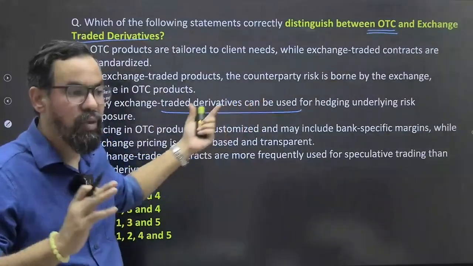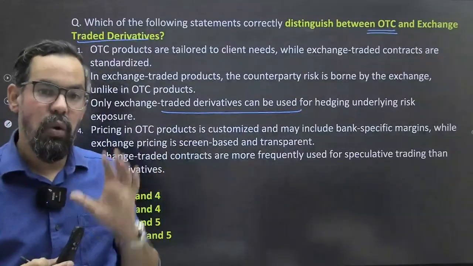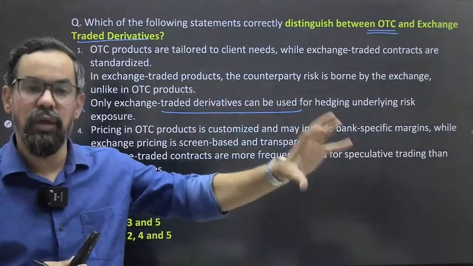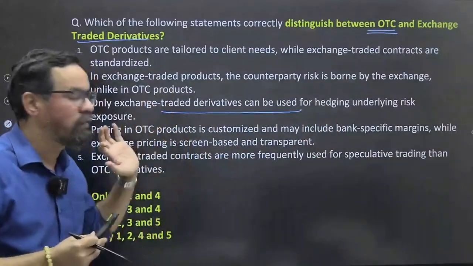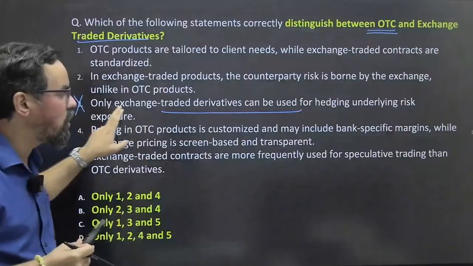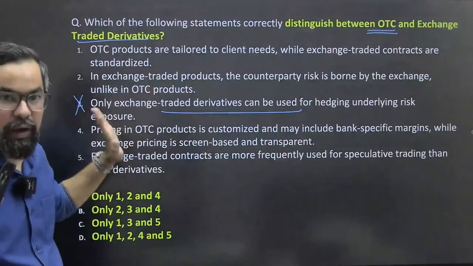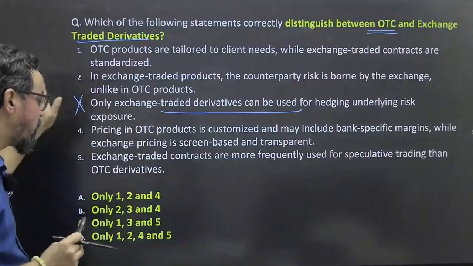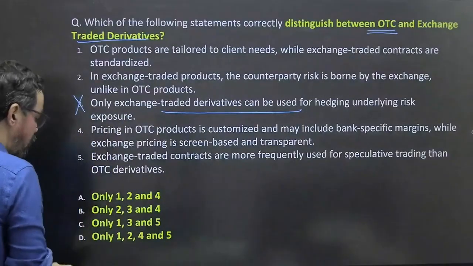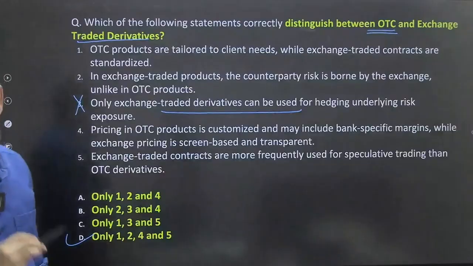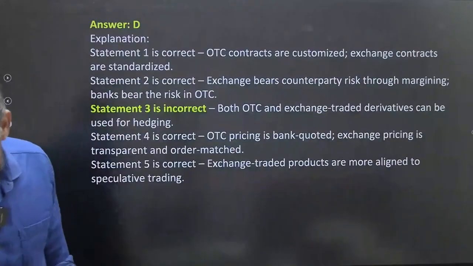But in general, contract-wise, OTC are more suitable for hedging, and exchange traded are generally for speculation. This statement is wrong. We cannot say that we are not going to use OTC. That is a blunder basically. So this is clearly the wrong one; the rest of the statements are correct: 1, 2, 4, 5. D will be the right answer without any doubt. If there is any doubt in any statement, please tell me, I will explain that particular one.